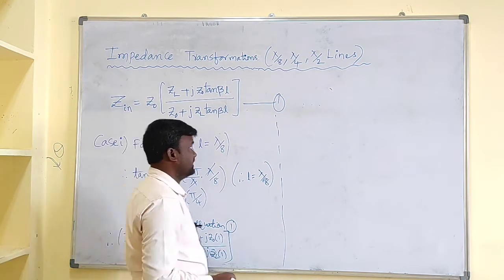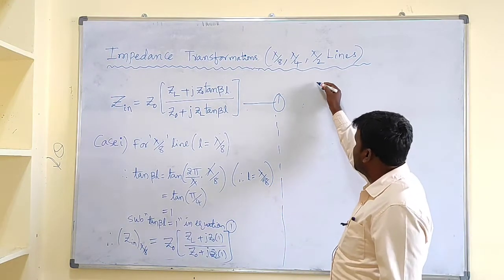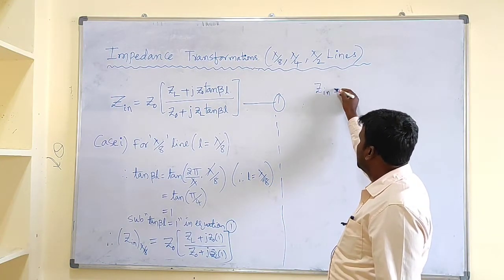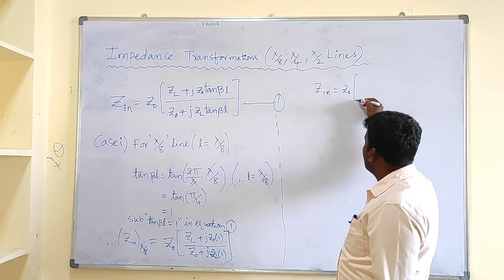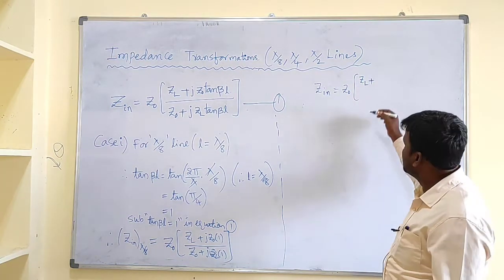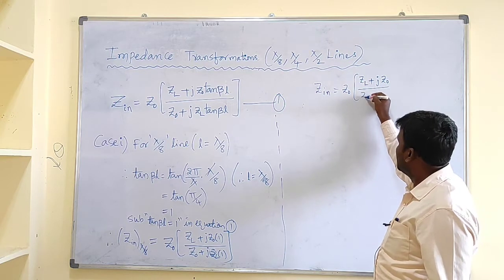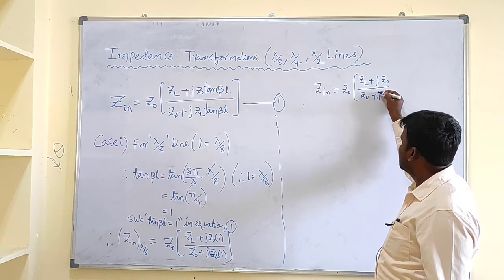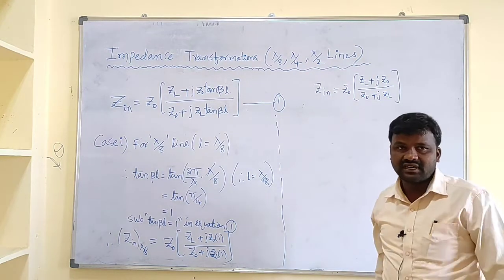Finally we got Zin equal to Z0 into ZL plus jZ0 by Z0 plus jZL. Now it is purely a function of Z0 and ZL only.